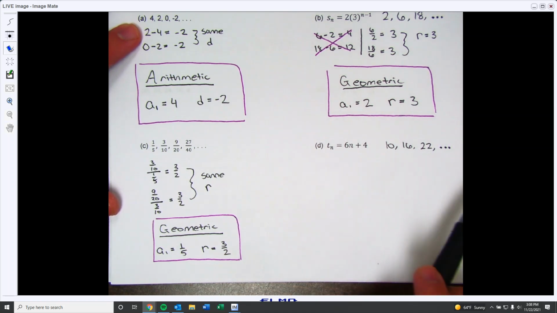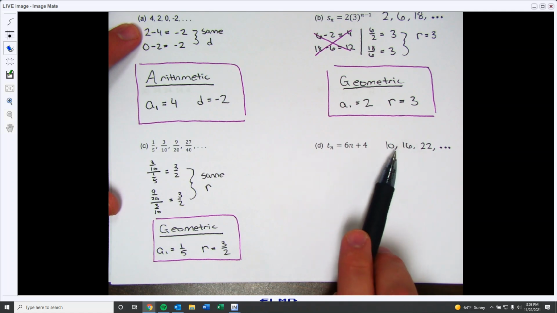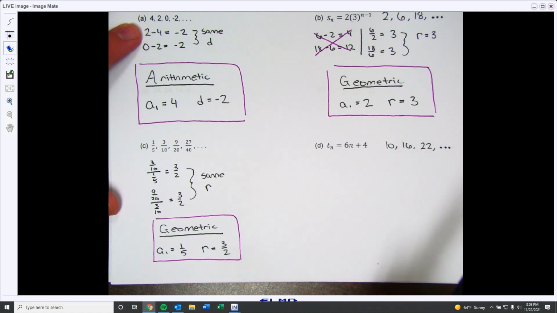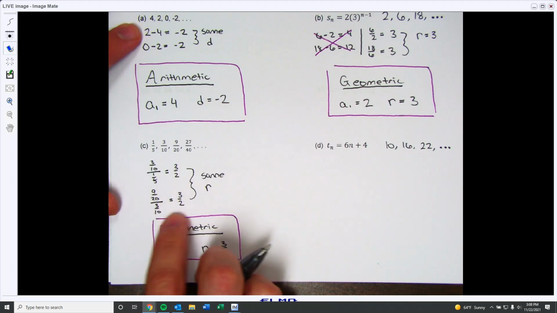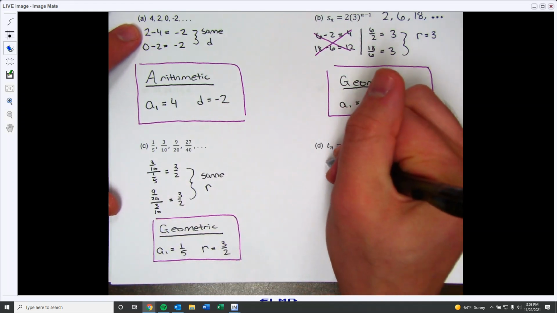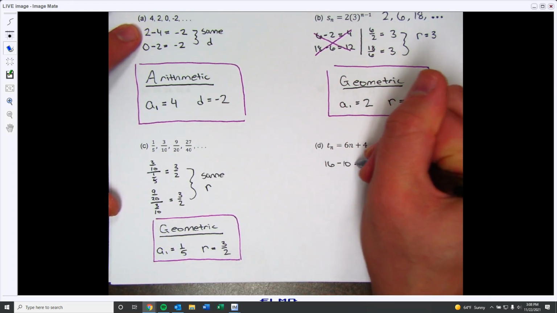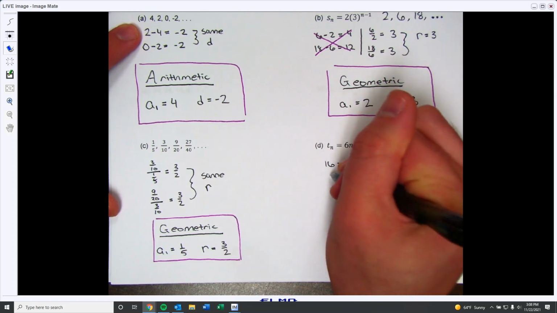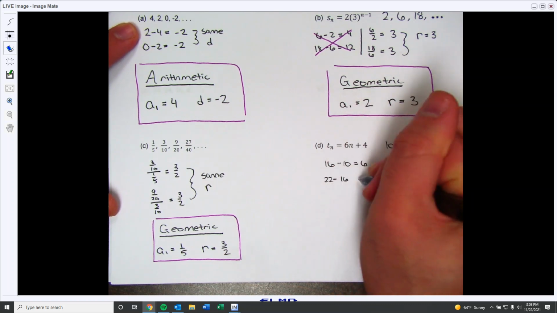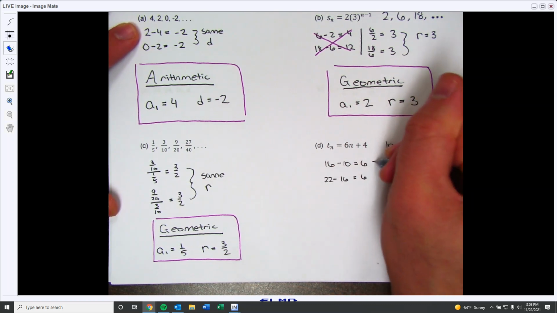Looking at this one, it definitely looks arithmetic because I can see that I'm adding 6 each time. So I'm not going to bother checking geometric. And just to make sure, I am going to do my little test. I have 16 minus 10 gives me 6. And then 22 minus 16 gives me 6 again.